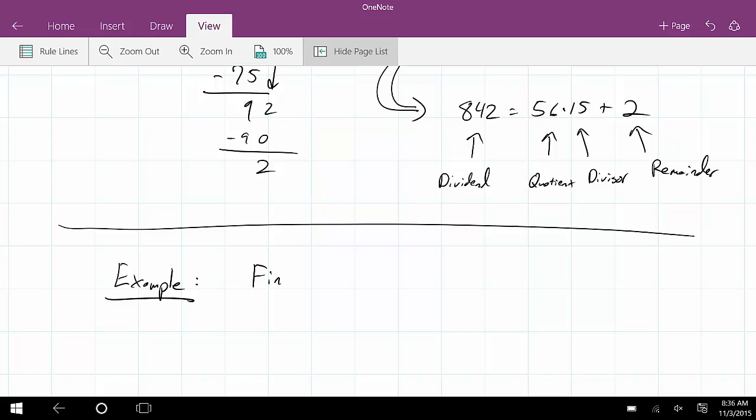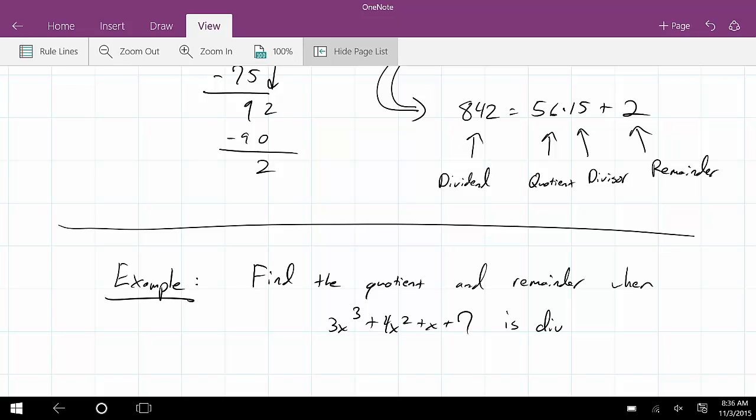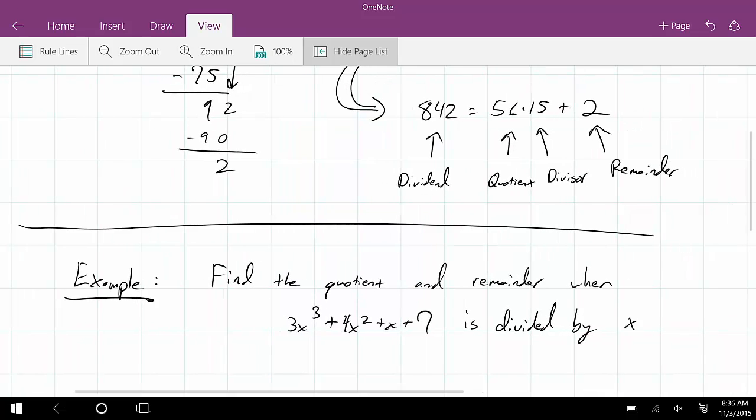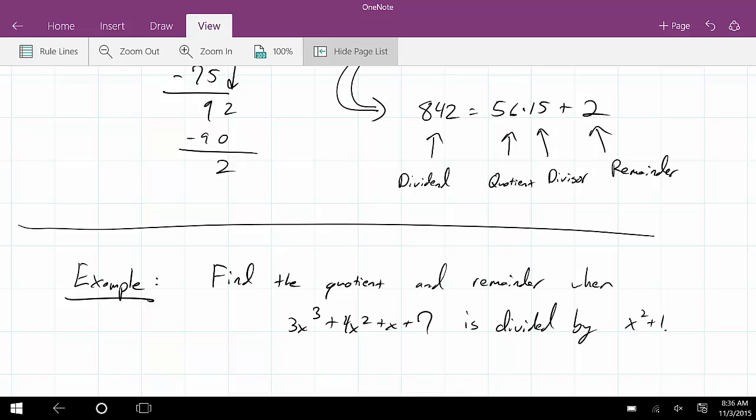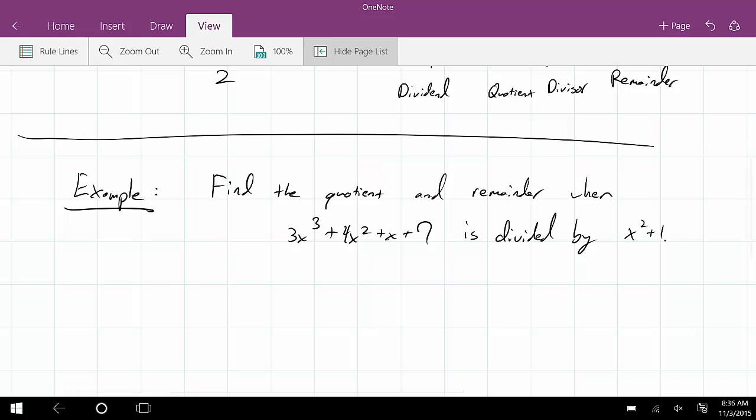So the goal is to find the quotient and remainder when 3x cubed plus 4x squared plus x plus 7 is divided by x squared plus 1. Okay, so that's going to be our goal.